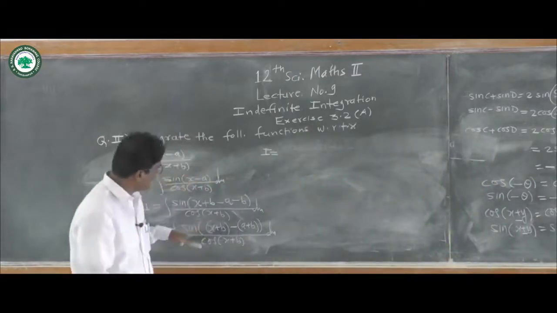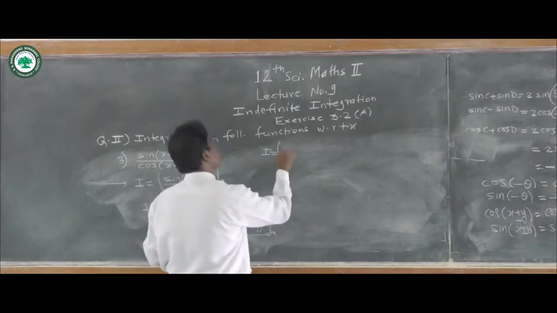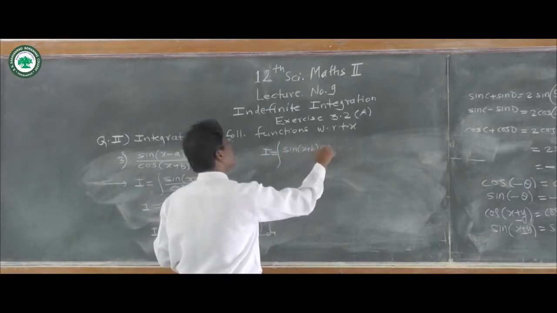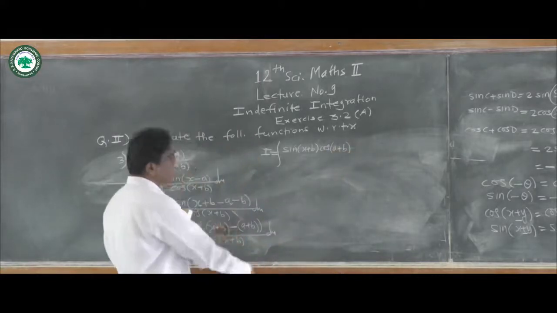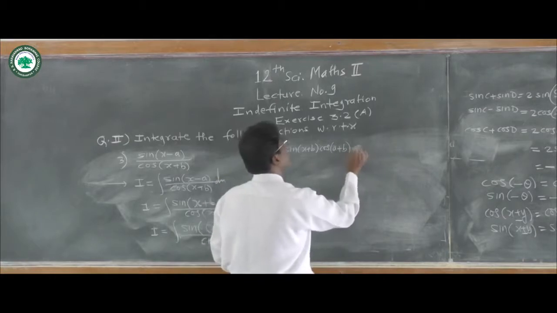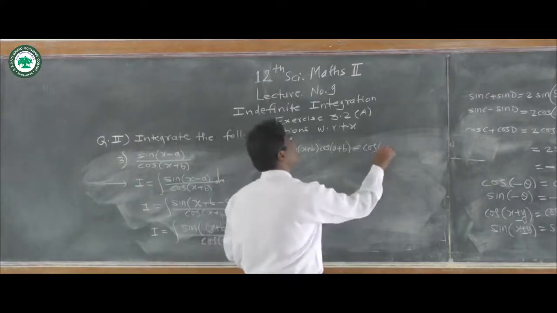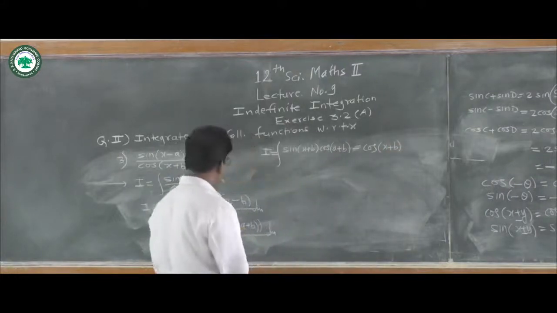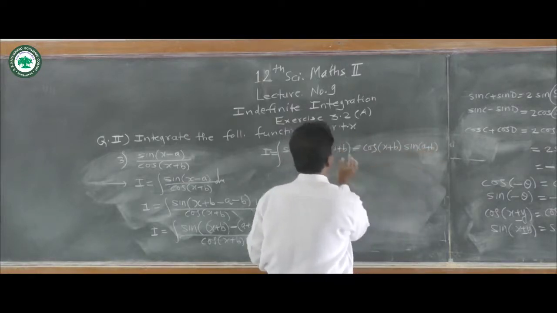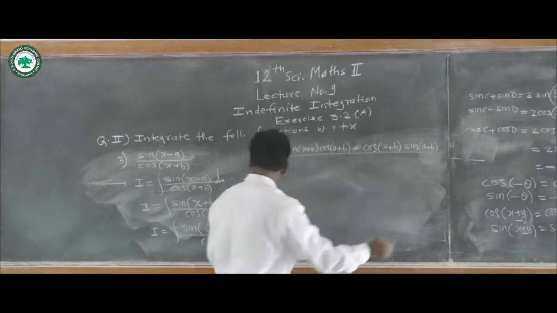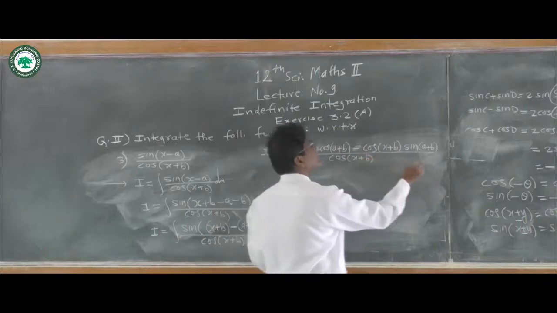So we use the formula of sin of x minus y and get the integration of sin of x plus b into cos of a plus b, and the middle sign is minus, so minus cos of x plus b into sin of a plus b, divided by the denominator cos of x plus b dx.